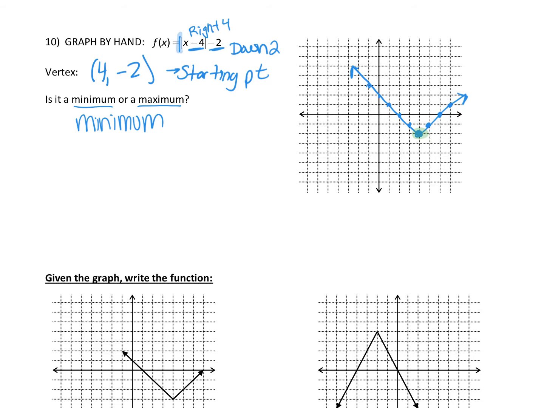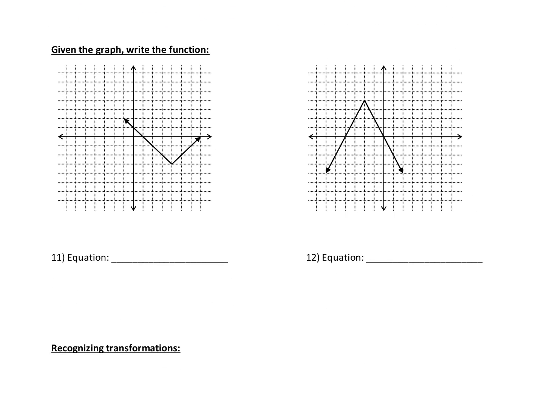All right, now let's work backwards. Instead of graphing, let's write the equation of the graph. The first thing we're always going to do is compare our starting point to 0, 0. In this case, I can see that I went right 1, 2, 3, 4. And then I went down 3. So what does that look like with an equation?